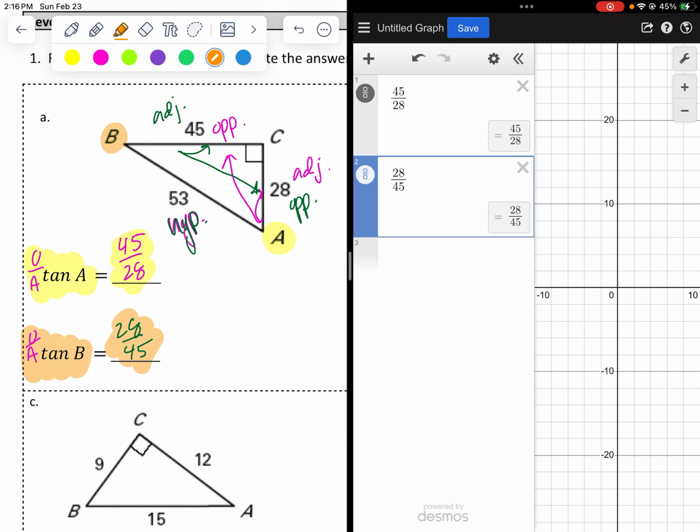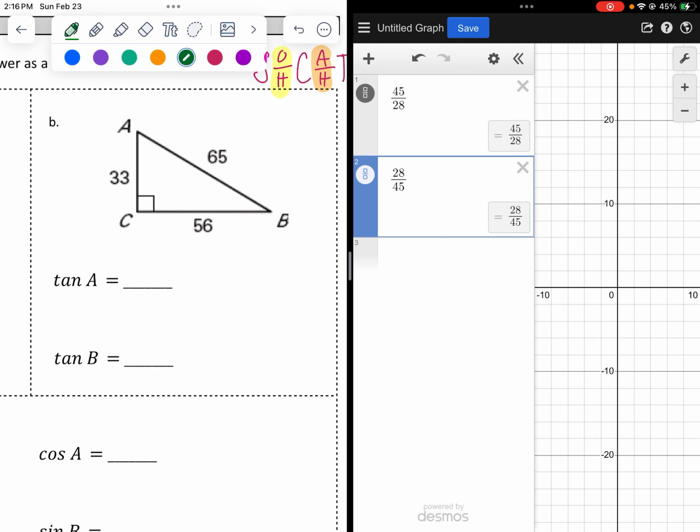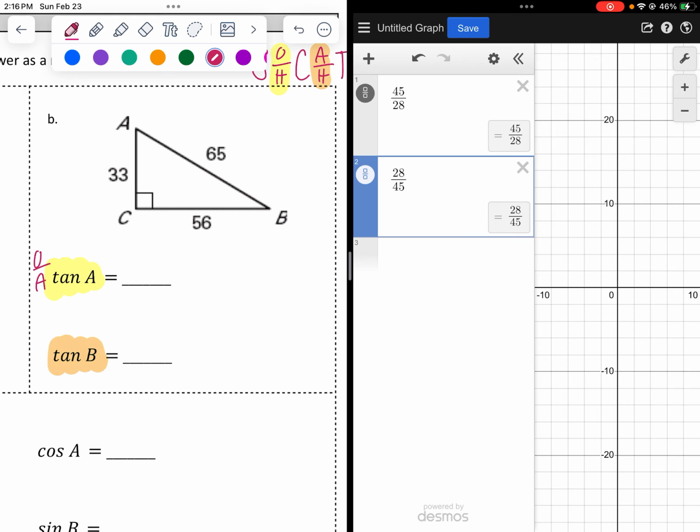Okay, let's go ahead and do example B. This time looks like we are doing tangent of A, tangent of B again. Again, tangent means that we are doing opposite over adjacent. Okay, so let's go ahead and start with A. Okay, across from A is my opposite.